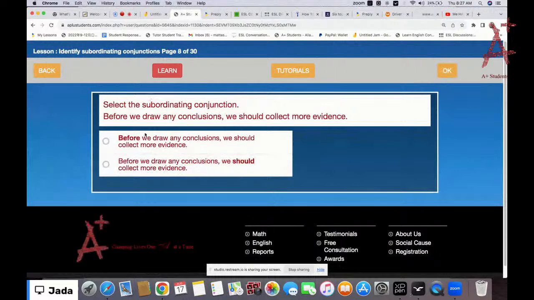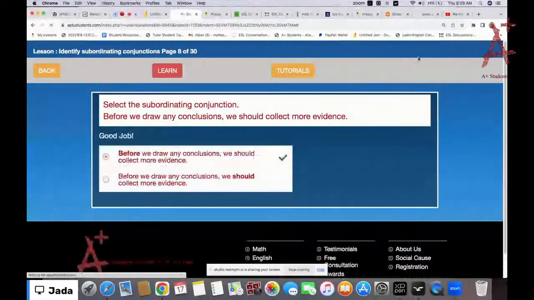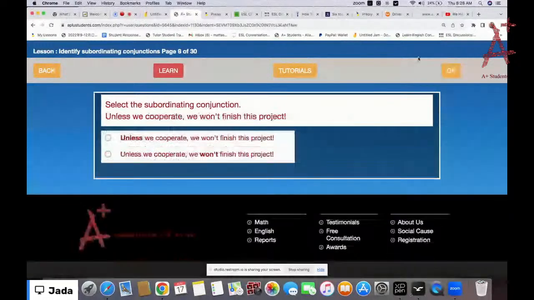Before we draw any conclusions, we should collect more evidence. So before, okay? All right, so now, unless we cooperate, we won't finish the project. So if we do not cooperate, we will not finish the project.